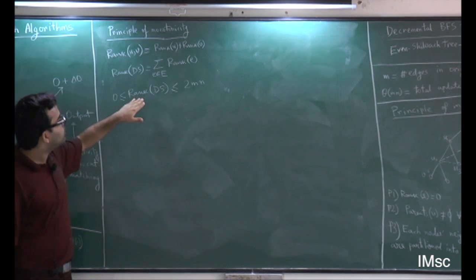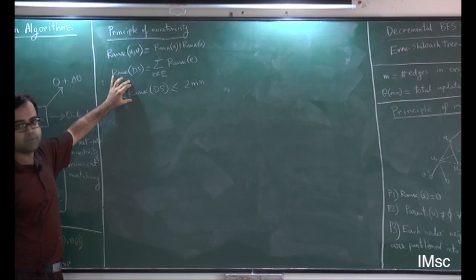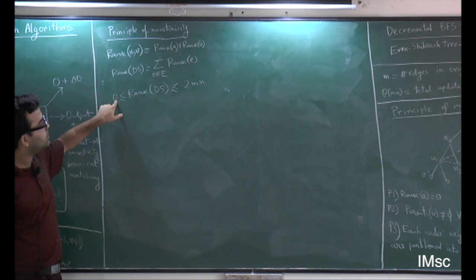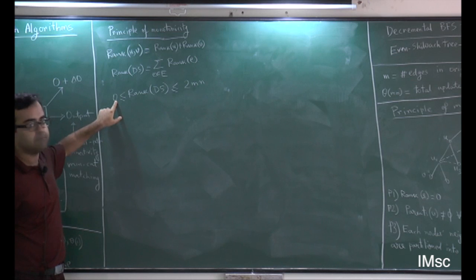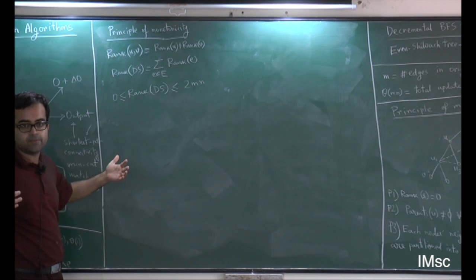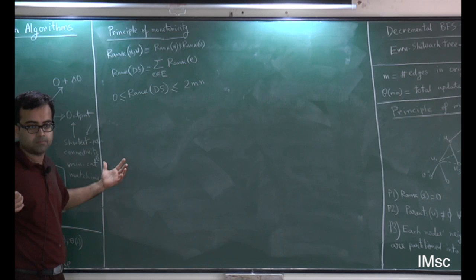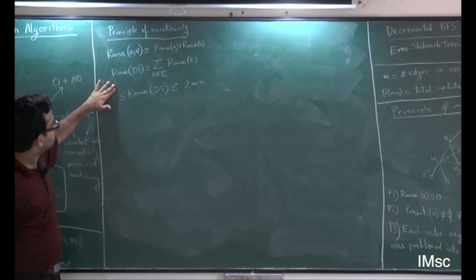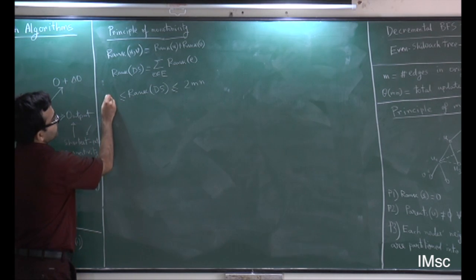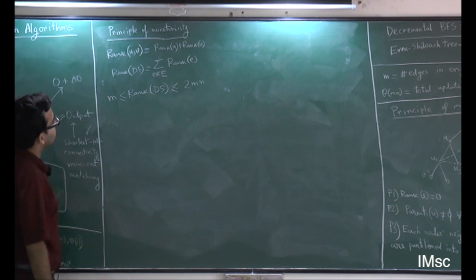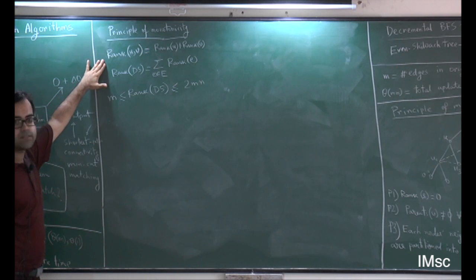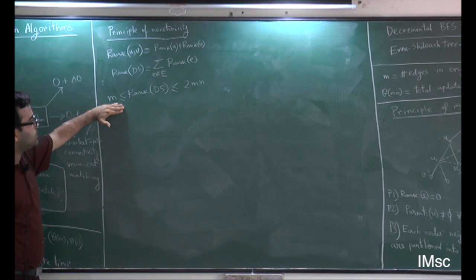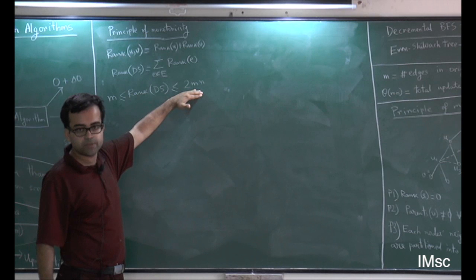Note that in the beginning the rank can actually be very small, it need not be 0, but it can be just 2 times m, because maybe it is just a complete graph. So, each edge has rank 2. No, each edge has rank 1, sorry, I take it back. Actually, I should say this, because each edge has rank at least 1, right. So, initially the rank is at least m, and finally the rank can be at most 2 m n.